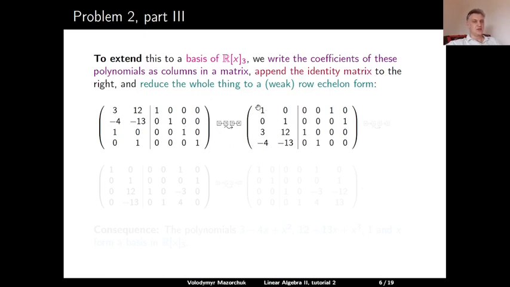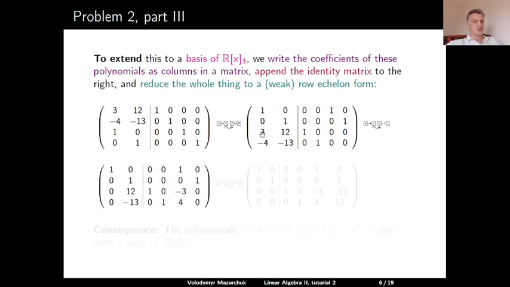So now in this matrix we have 1 in position 1, 1. We can use it to eliminate everything else in its column. So we subtract 3 times row 1 from row 3, and we add 4 times row 1 to row 4. Rows 1 and 2 remain the same.